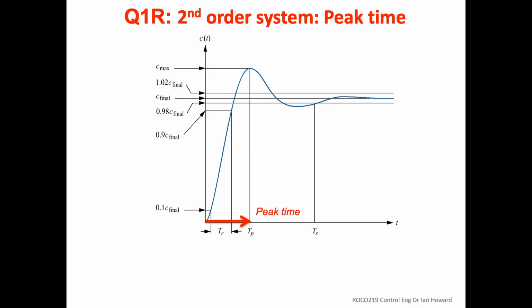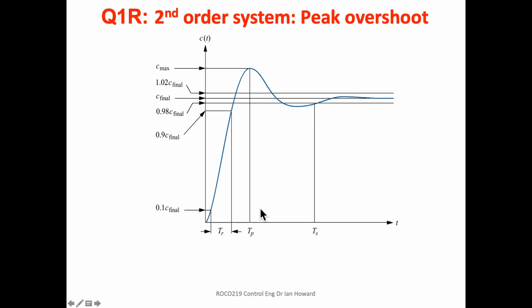Peak time is, how long does it take from the start to get to the peak value, and as you can see, the peak happens when we get the big overshoot and then it comes down. So this is the biggest output the system is ever going to generate, so we want to know the time to that. So that's how you'd mark that onto the drawing. Peak overshoot is basically how much it goes over the steady state value that it's going to get to.